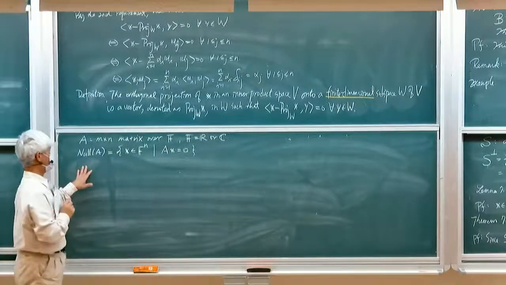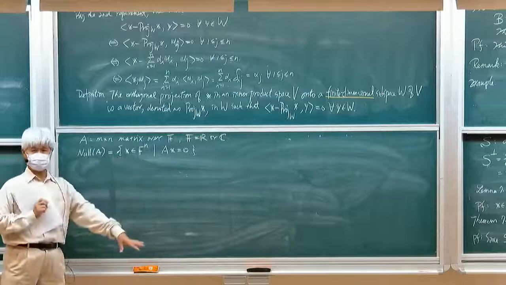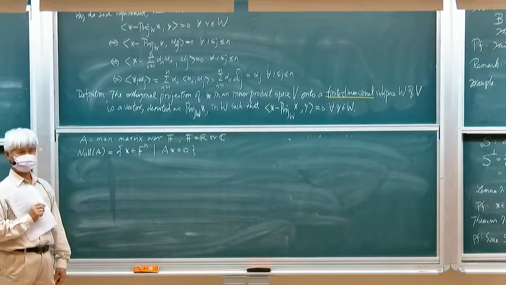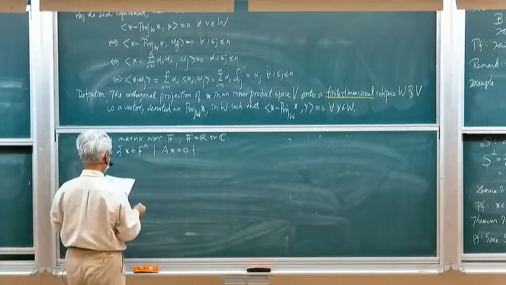So the null space is the set of all solutions of the homogeneous linear system. Okay, so we know that.